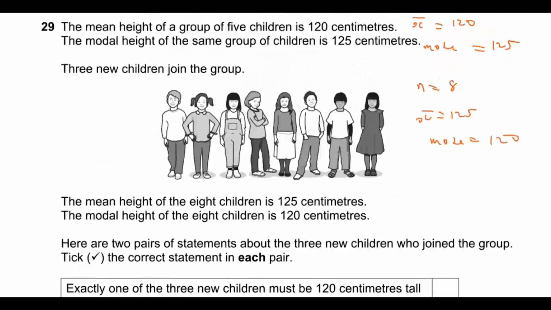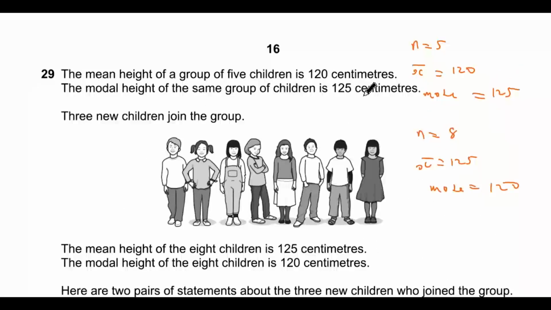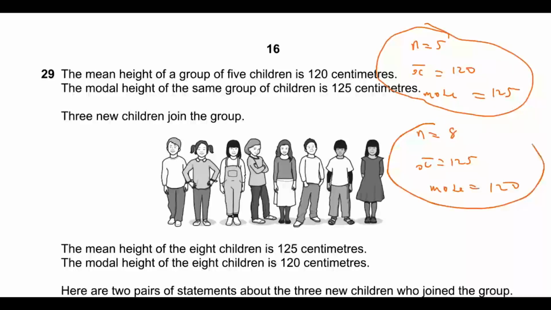So we need to find the sum for each of these. This is group 1, when n is equal to 5, and this is group 2, when n is equal to 8. So let's start with group 1. The formula for mean is summation x, that's the addition of their heights, over the number, that is n. So for the first group, the mean is 120.